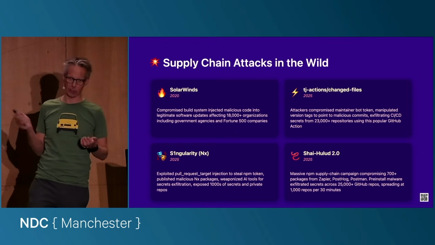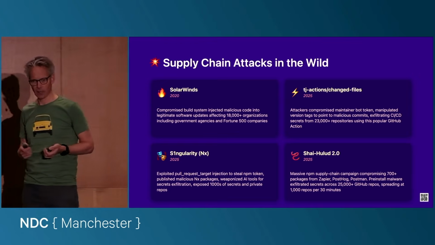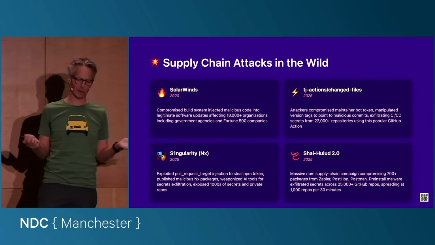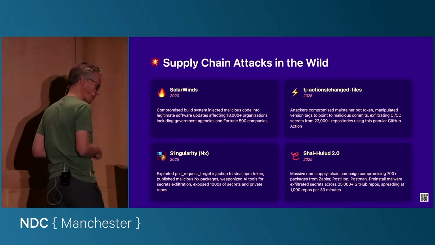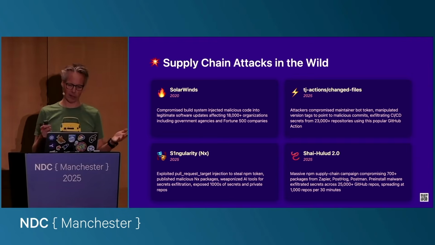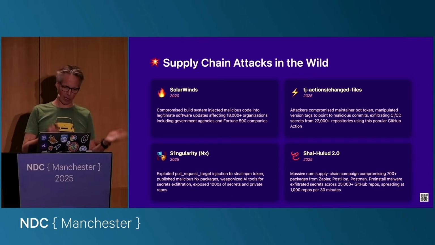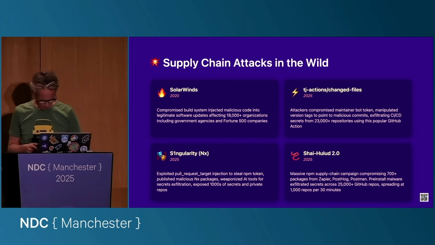That is the tj-actions attack, Singularity on Nx, and last week we also had a big one on npm, Shai-Hulud 2. And all those supply chain attacks, in general, either used the pipelines to weaponize, or the pipeline was typically the starting point of where the whole infection started.